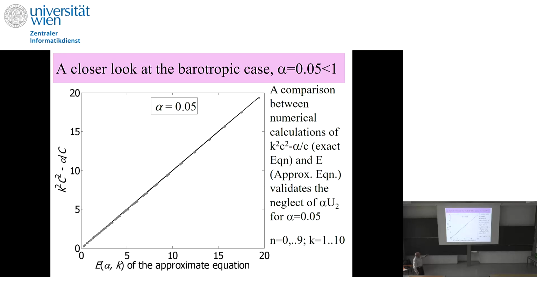And the exact one gives me K squared C squared minus alpha over C. You see that they line up very nicely on Y equals X, or K squared C squared minus alpha over C equals E. This is for a large value of alpha, and for about 100 modes. N goes from 0 to 9, and K goes from 1 to 10, so it's about 10 by 10.